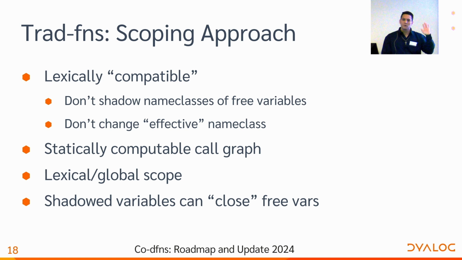It's mostly just things that can be thought of as arrays or niladic functions, and things that can be thought of as functions or dyadic or monadic operators. If you can guarantee that, you get what's called a statically computable call graph, and then we can have shadowed variables and semi-globals and dynamic scope and lexical global scope, and it all basically works. But it requires this lexical compatibility for this model.